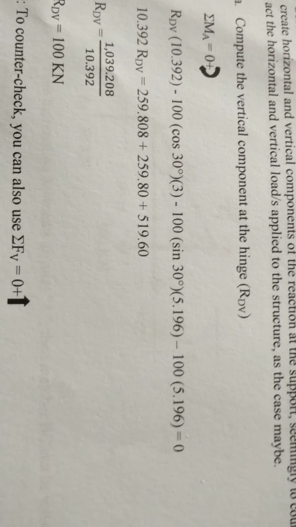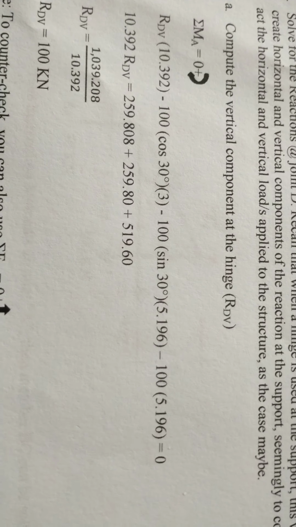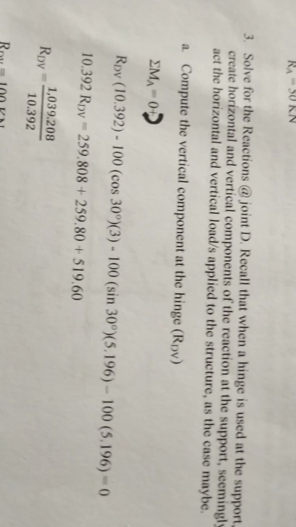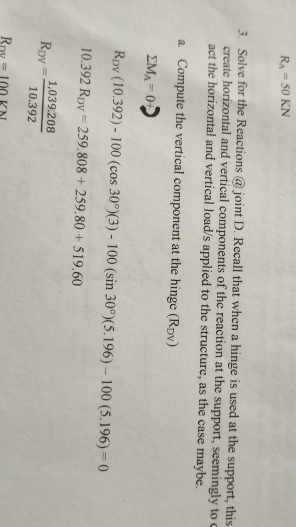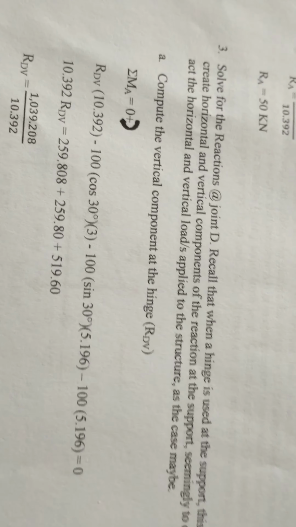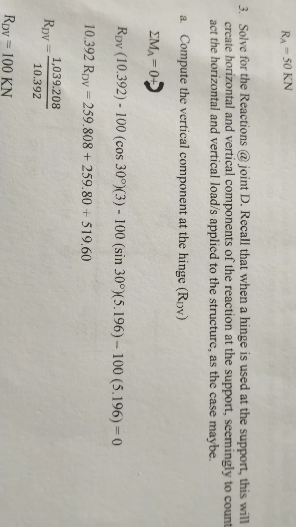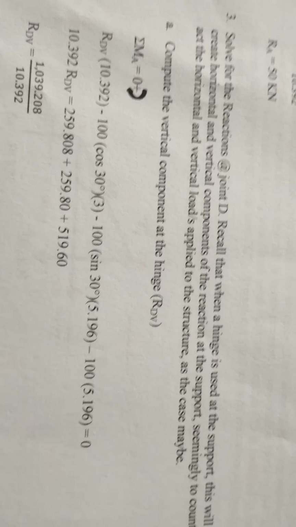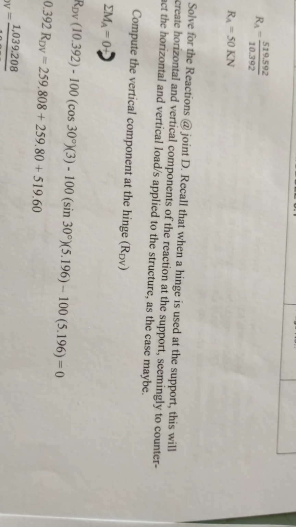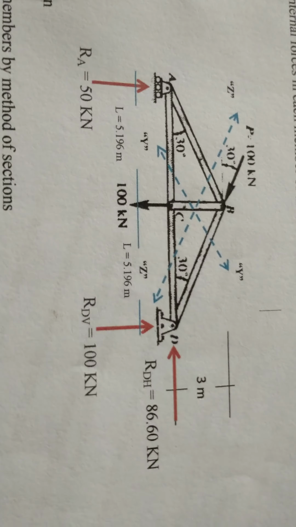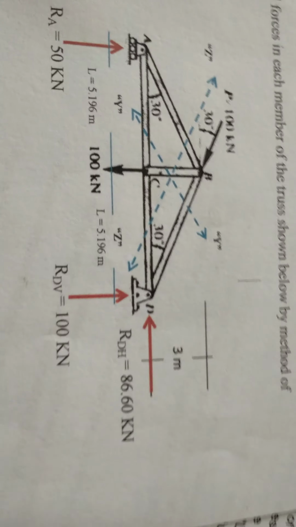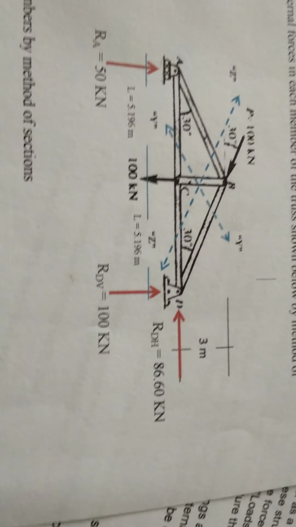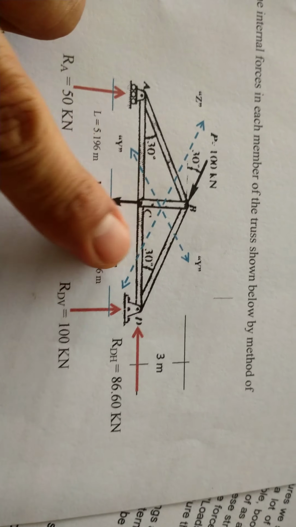Then minus 100 cosine 30 degrees, the horizontal force, times 3. Okay, class, going back again to determining the reaction components at D.